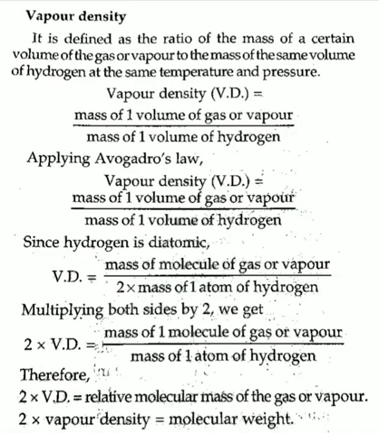So what is the definition of vapor density? Vapor density is defined as the ratio of the mass of a certain volume of the gas to the mass of the same volume of hydrogen at the same temperature, that means standard temperature and pressure.